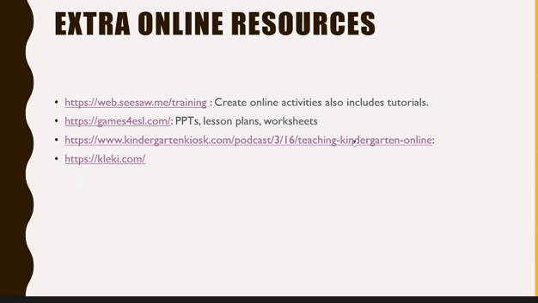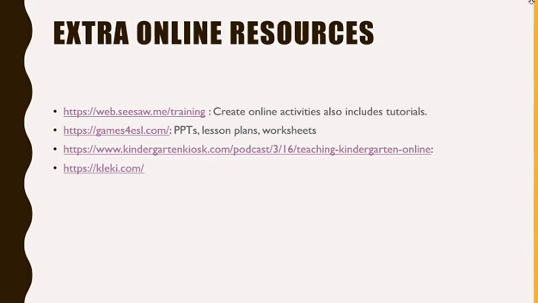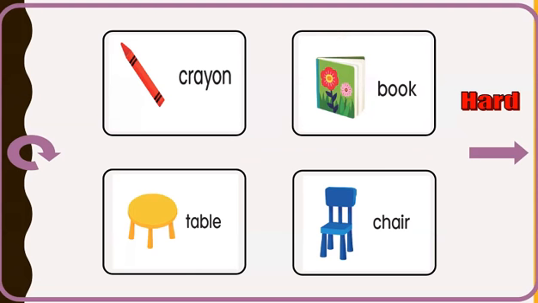So for example, here, challenging them mentally. Can they cognitively, can they mentally follow what you're asking them to do? Can they follow crayon? Can they tell me where the crayon is?